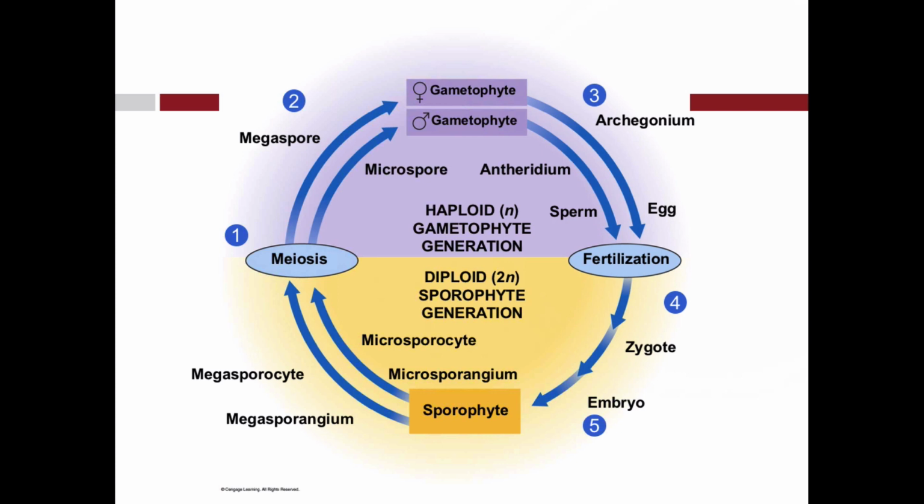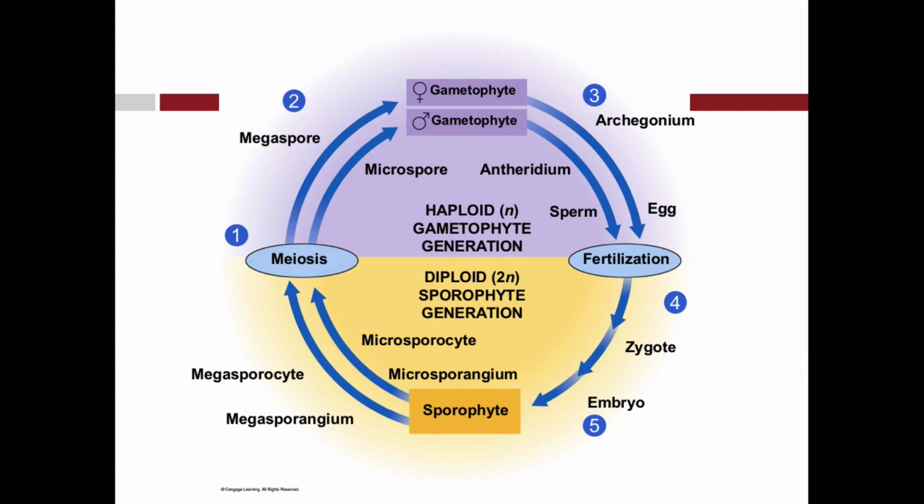The microsporangia produce microsporocytes, or microspore mother cells, as I would write this in class. Those microsporocytes undergo meiosis to form haploid microspores. Each of those microspores develops into a male gametophyte that produces sperm cells within the antheridia. I hope you all can follow this.